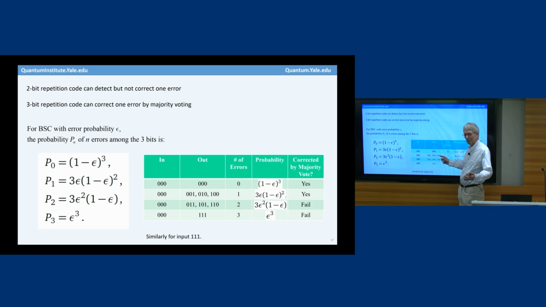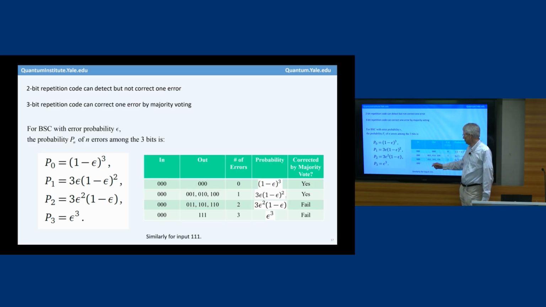You all are probably young enough to have grown up on Sesame Street, so you know about finding out which one is different than the others. So you say, oh, I'm going to do majority voting. 2 out of the 3 tell me it's a 0, so I'm going to go with 0 as the answer. And that's correct, because that's what Alice sent. Okay? So this is correctable by majority voting.